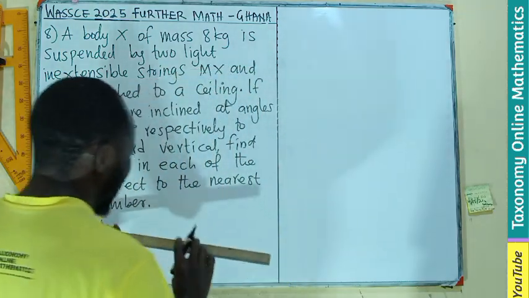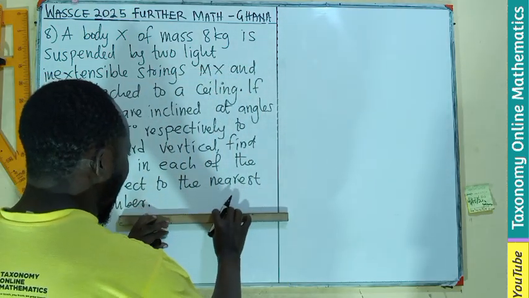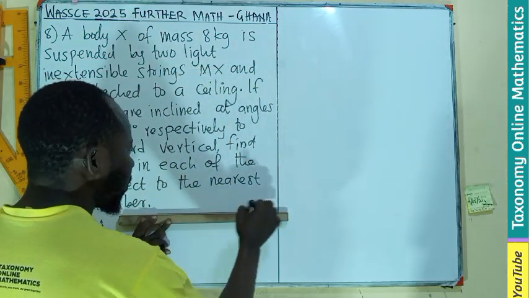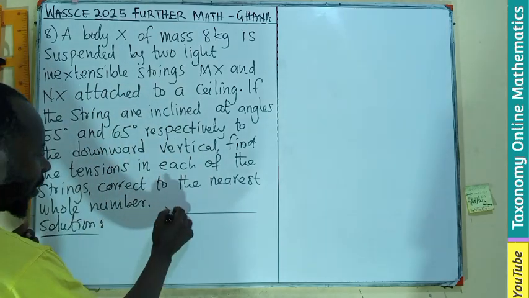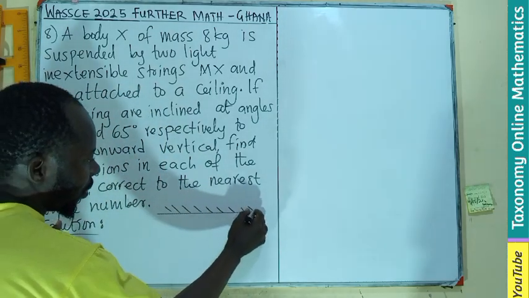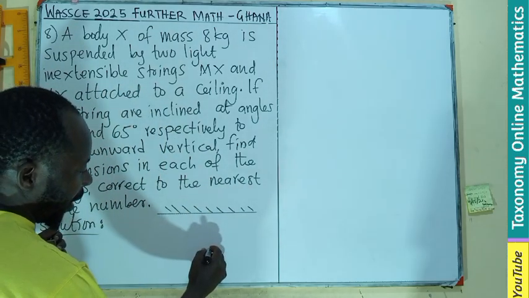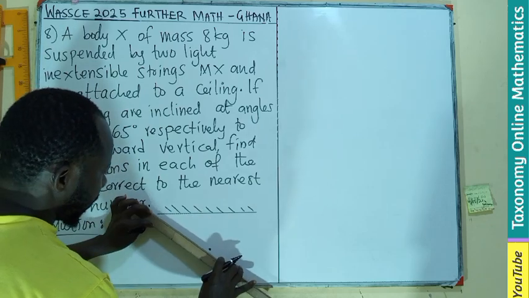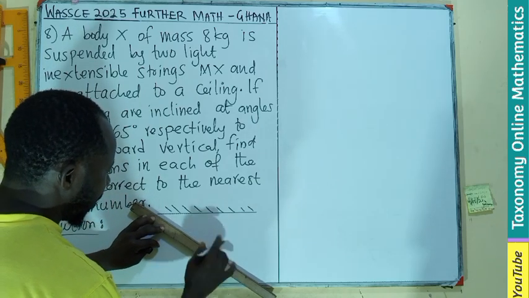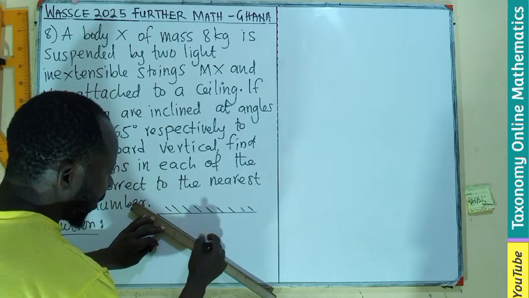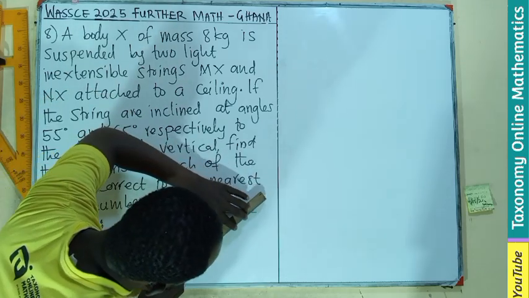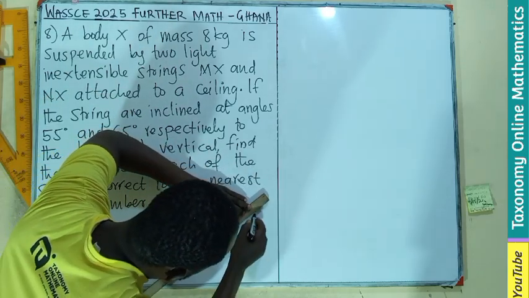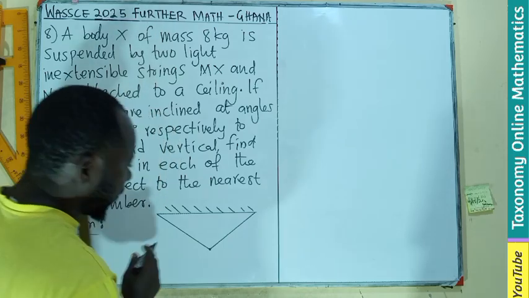So if we can make a sketch and have our ceiling hanging in here, then the body is hanging somewhere here. So we have our body X attached by strings at both ends to the ceiling.